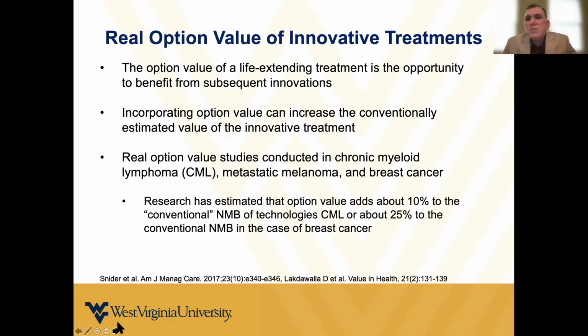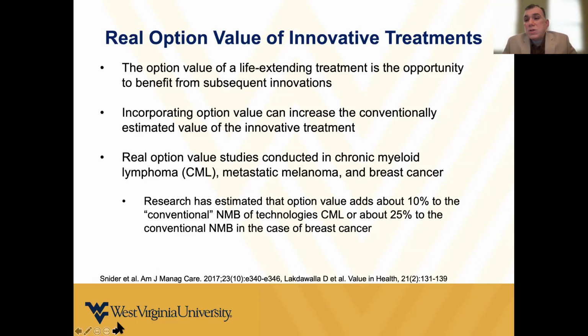And there have been some disease conditions like chronic myeloid leukemia, metastatic melanoma, and breast cancer where the goal of the treatment has been life extension, but also the rate of innovation has been rapid. In fact, research has shown that the option value adds about 10% of the conventional net monetary benefits of technologies in CML.